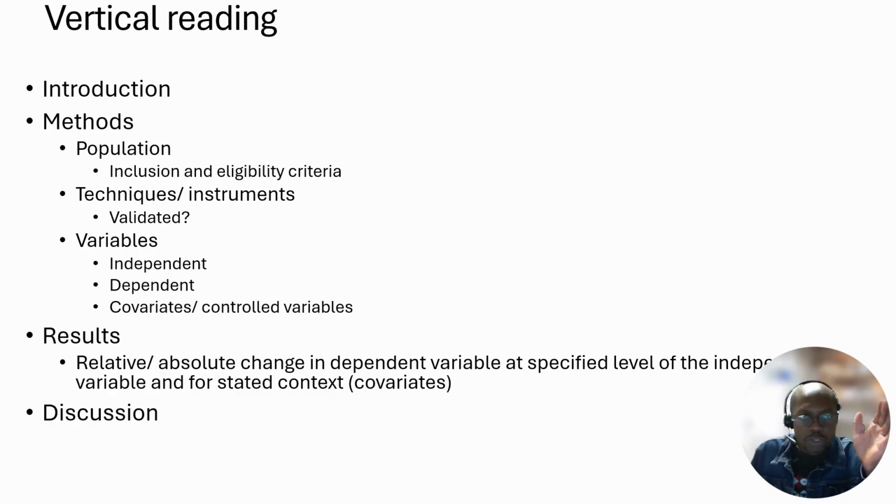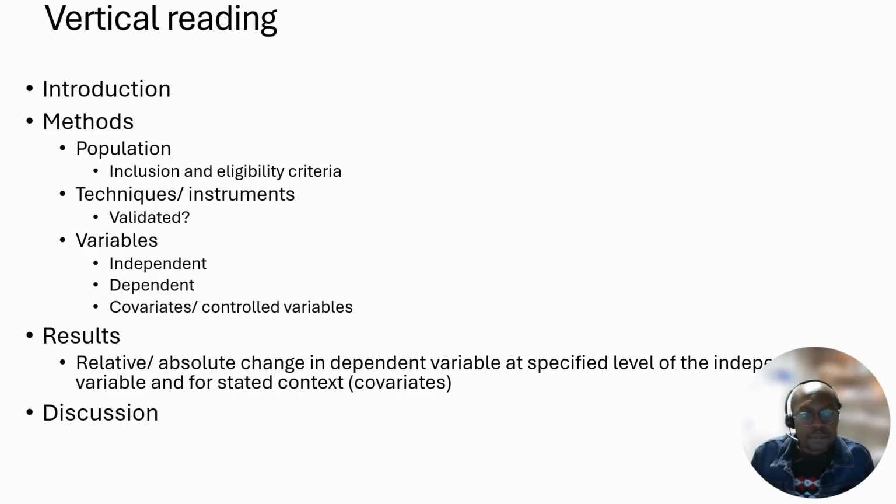This is why you do that vertical read, because by the time you read more papers, it helps you know how comparable your inferences from one paper are versus your inferences from another. If one paper was looking at semaglutide at 1 milligram and changes in body weight, and another paper was looking at semaglutide at 16 milligrams and risk of cardiac events, you will be comparing apples to oranges eventually.